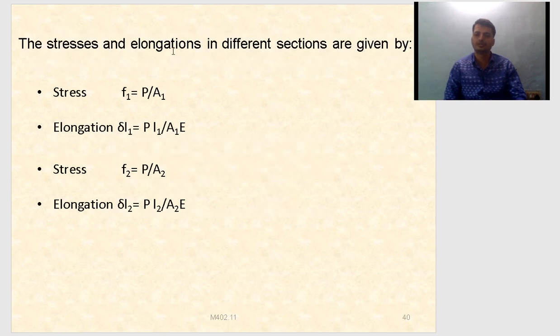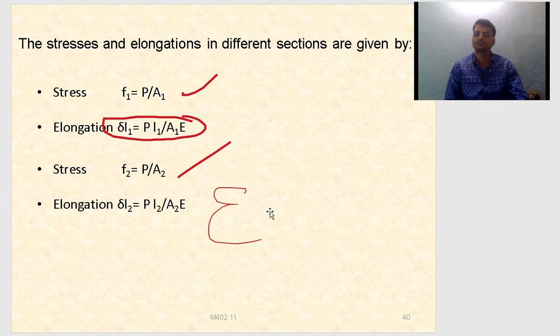See, the stress and elongation for different cross-section areas: the stress formula for rod 1, the stress formula for rod 2, and elongation. What is elongation? It comes from strain and Hooke's law.